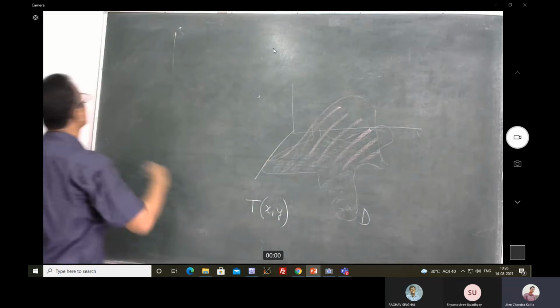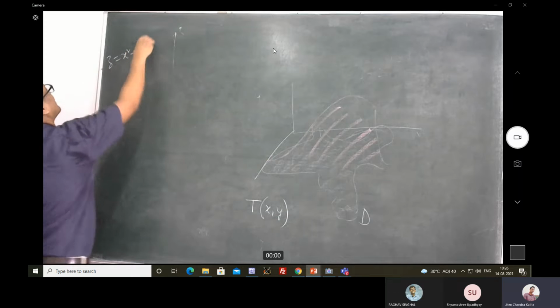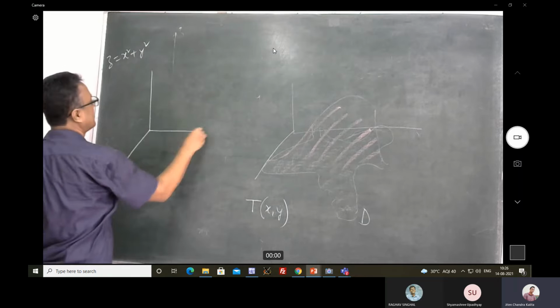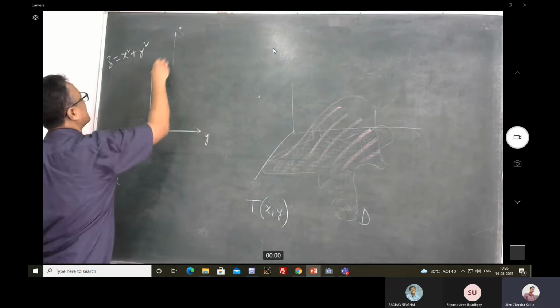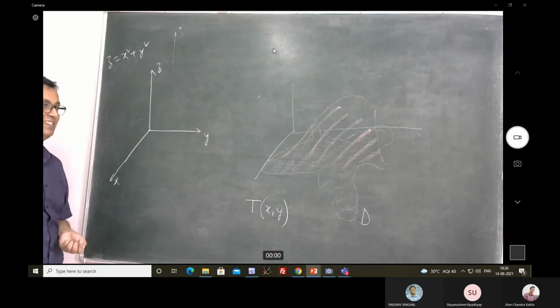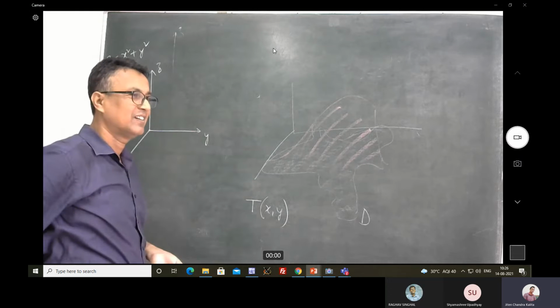For example, let me tell you, if you take say z equal to x squared plus y squared, what is the graph of this function going to be? It's like a cone. Cone.